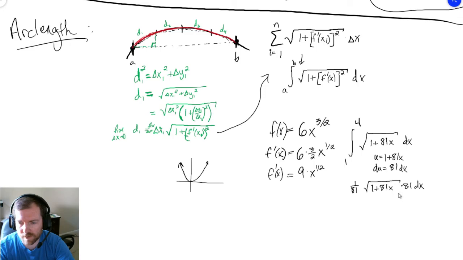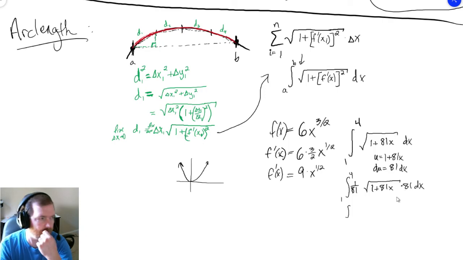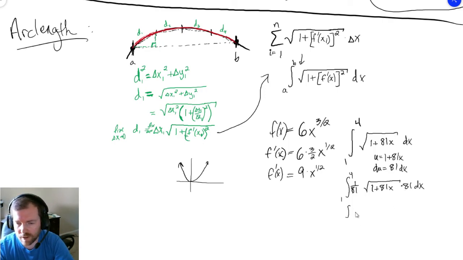Plus 81x. Integral from 1 to 4. And here we've got now the integral. We could also actually substitute in all this stuff. So this would be 1 over 81. If we substitute this in, this is just the square root of u du.